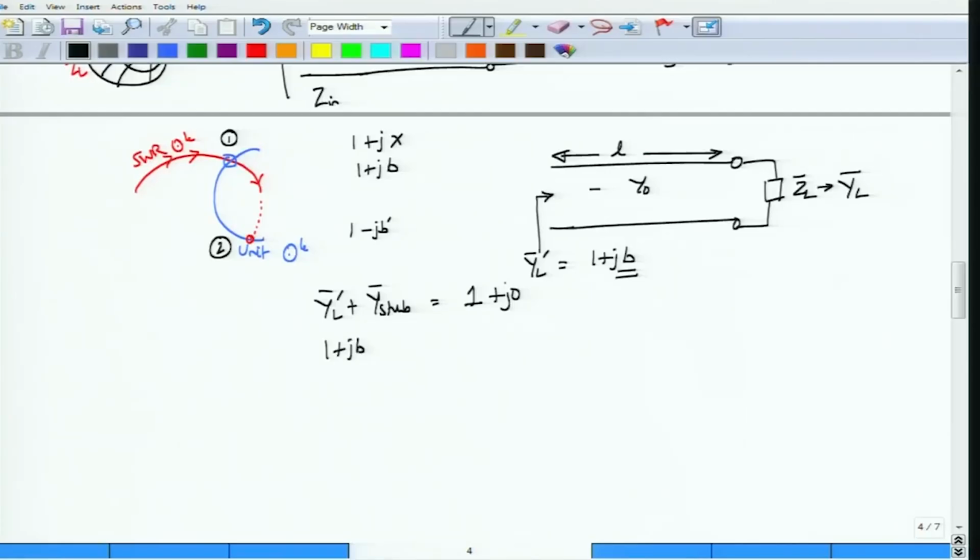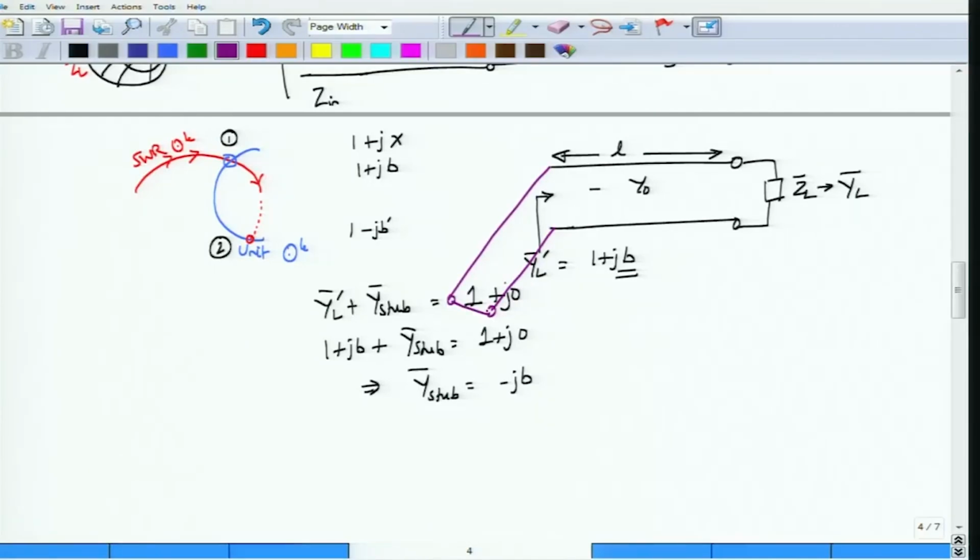So YL prime is 1 plus jB, plus the stub admittance is equal to 1 plus j0. This obviously implies that the stub should be equal to minus jB. In other words, the stub must be chosen such that its admittance is equal to minus jB. So when you choose that and put up the stub, you are ready to do the stub matching.